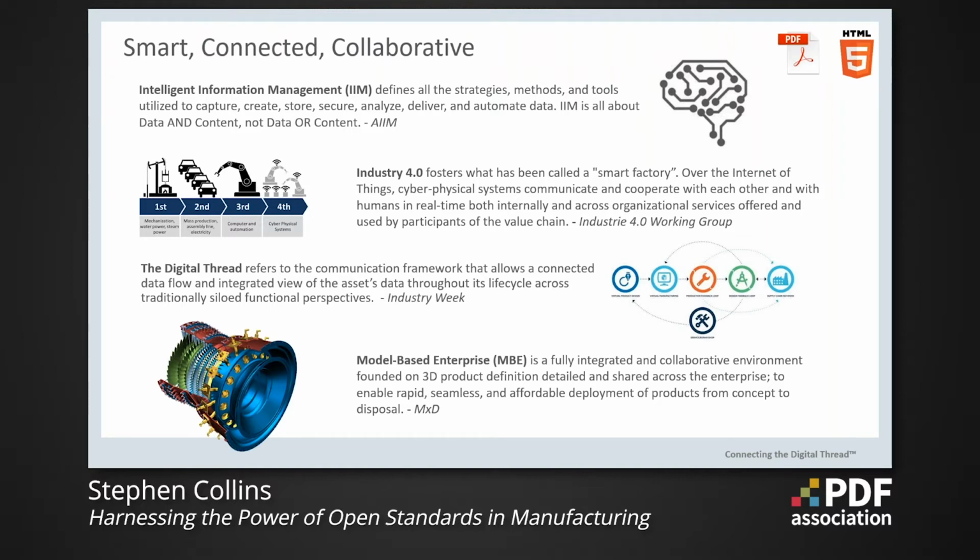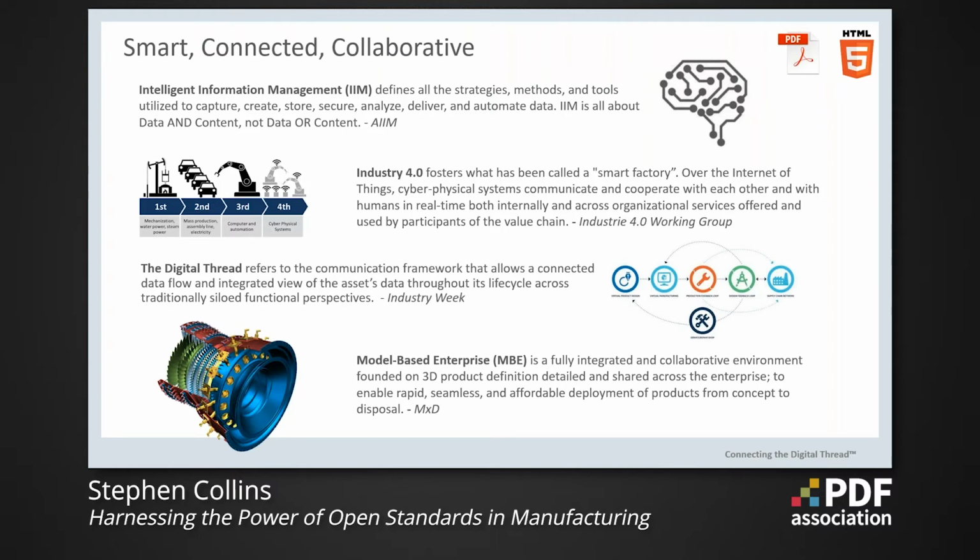The first is the concept of intelligent information management, or IIM, as it's referred to. It's really the next frontier of enterprise content management, and it is all about helping manufacturing and other organizations bring together raw data, business data, with context to provide really useful content for folks throughout the various parts of an organization to have access to the right information, in the right place, at the right time, to more effectively do their jobs and make real-time decisions.